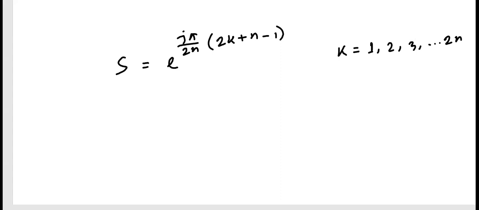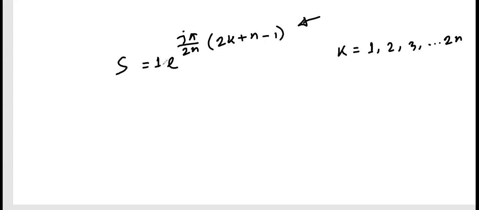For any pole number, we can have this equation to find the position. This equation shows that it lies on a circle where the amplitude is 1.